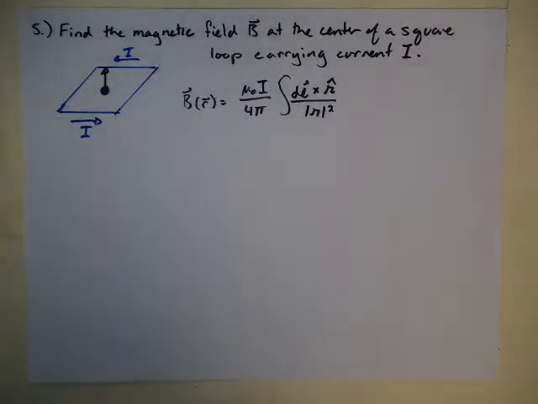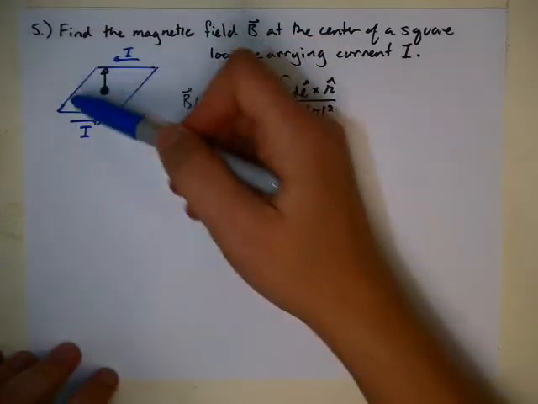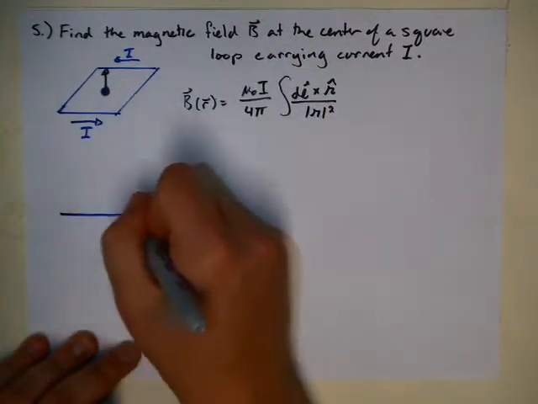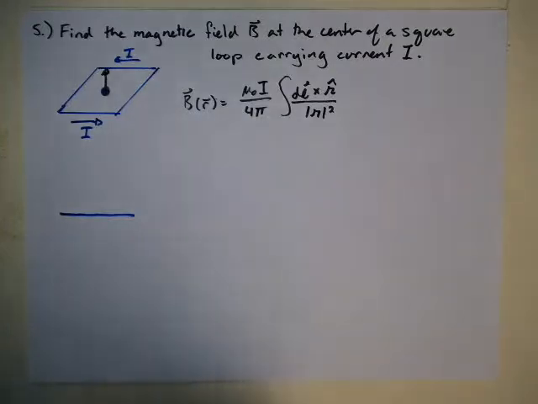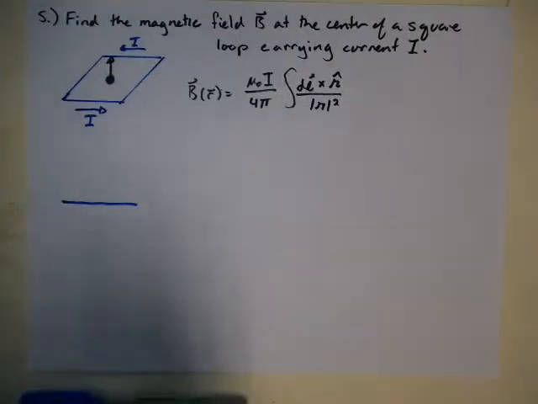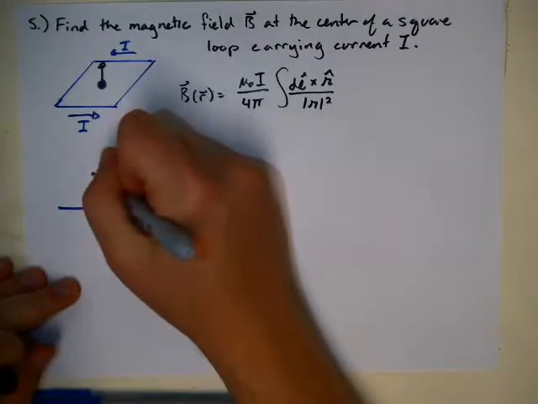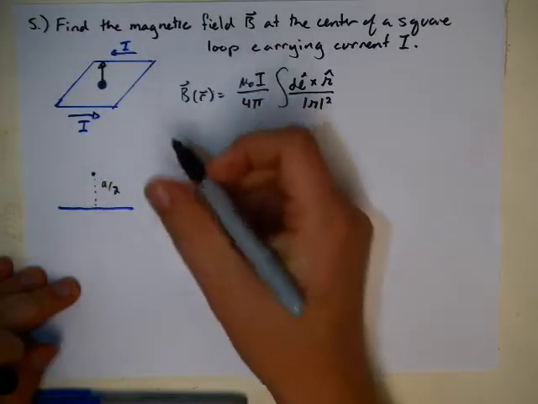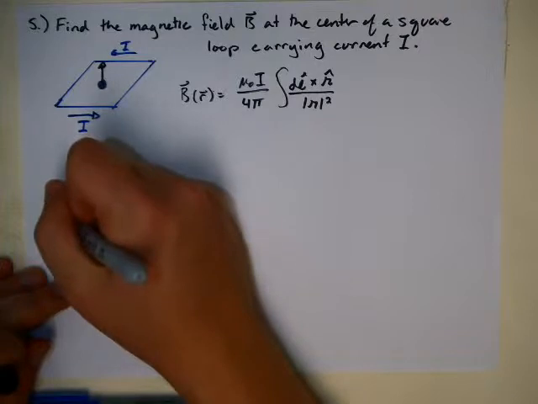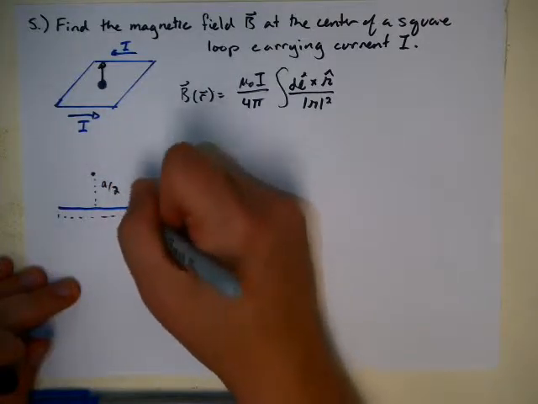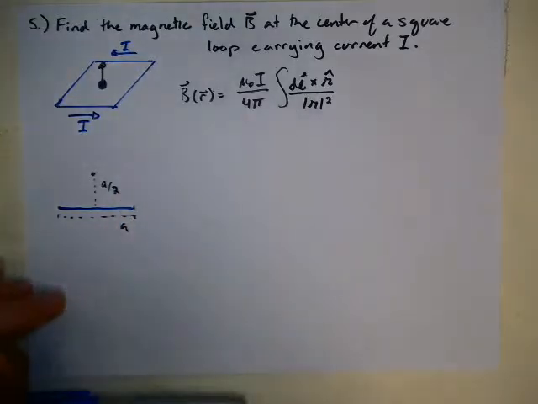For us, I can also tell that the z component from each one of these structures is going to be the same, and so I only really care about one edge. That distance is going to be a over 2, and this distance here is going to be a.